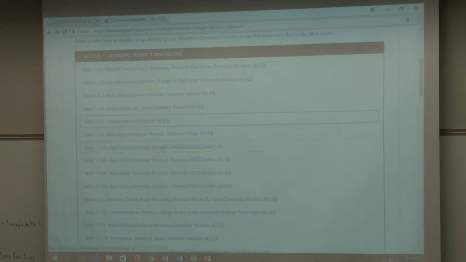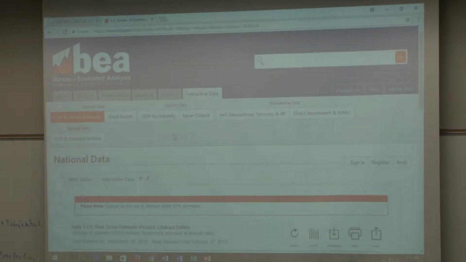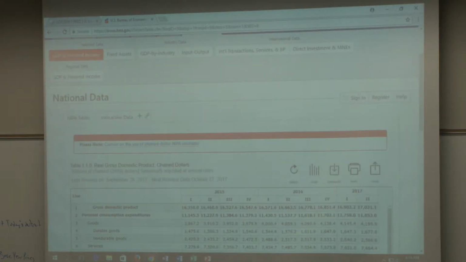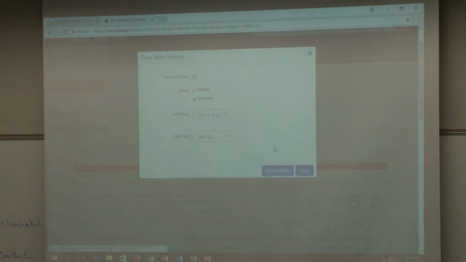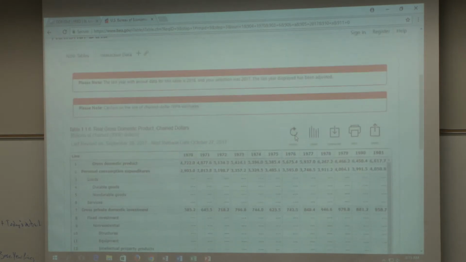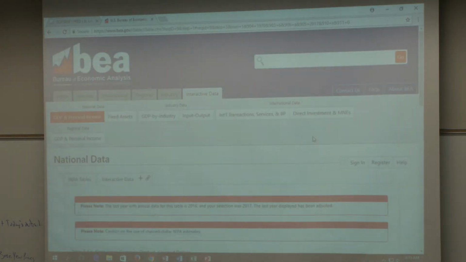We'll look at these different ones and you'll see what these numbers are and how they've changed. So here is our gross domestic product, basically in 2009 dollars. Let's modify this again, do annual, say 1970 to today, refresh table. And then here's our chart.